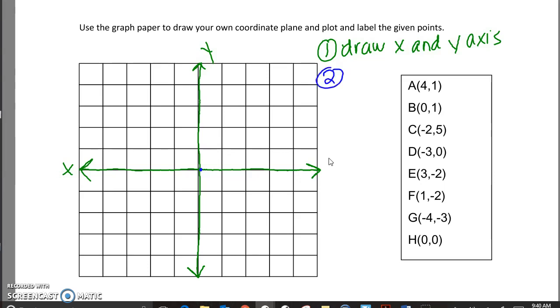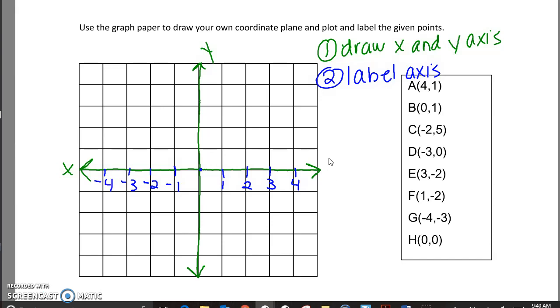Now, the second thing is we need to label our axes. So labeling that, we need to put our little dashes, tell us that this is 1, 2, 3, 4. This is -1, -2, -3, -4.